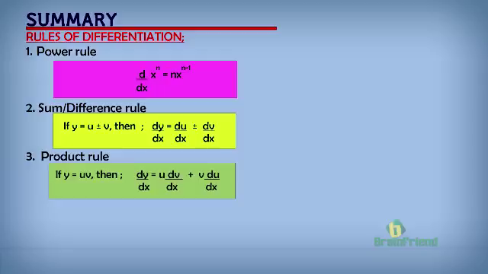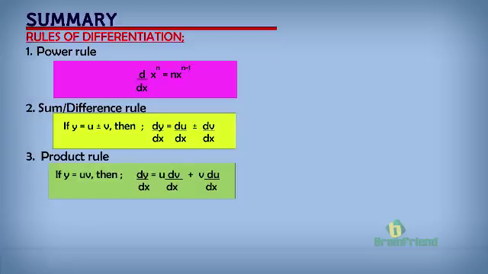We said that the derivative of a variable x that is raised to a power n would give us our power n multiplied by a variable x raised to our power, but in this instance, n minus 1. We also learned about the sum and difference rule.